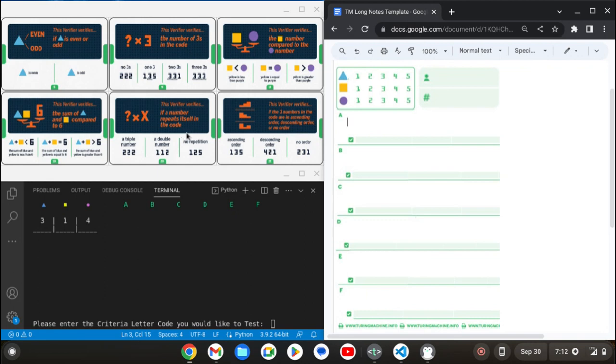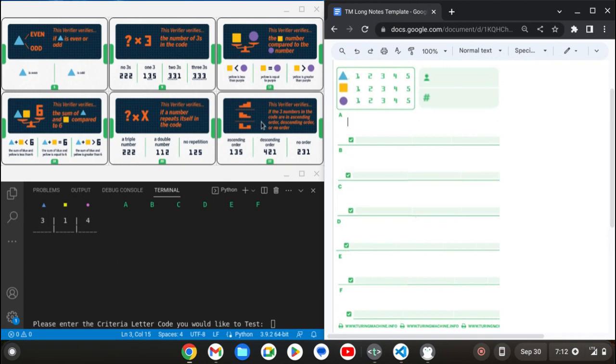Specifically, there are 3 scenarios. One, where there are no repetitions, as in the example 125, or it could be a double number, where there is a repeating digit, as in the example 112, or finally, it could be a triple number, a single digit repeated 3 times, as in the example 222.